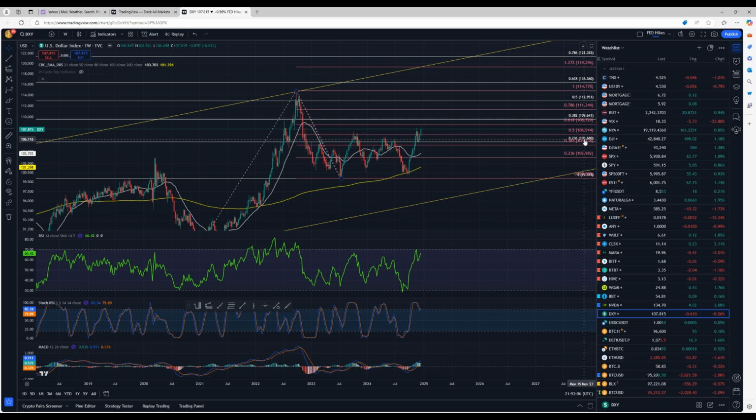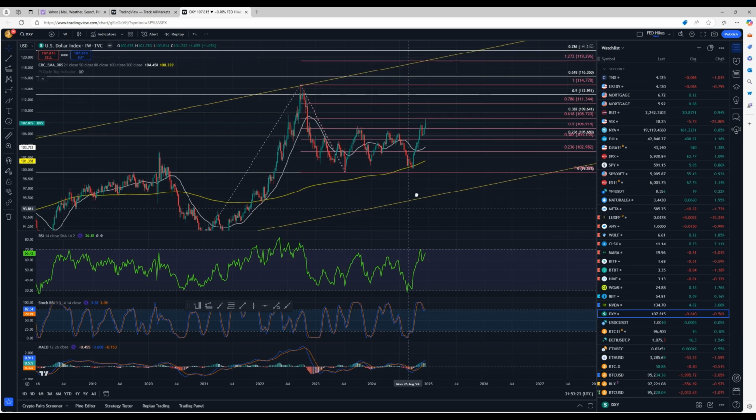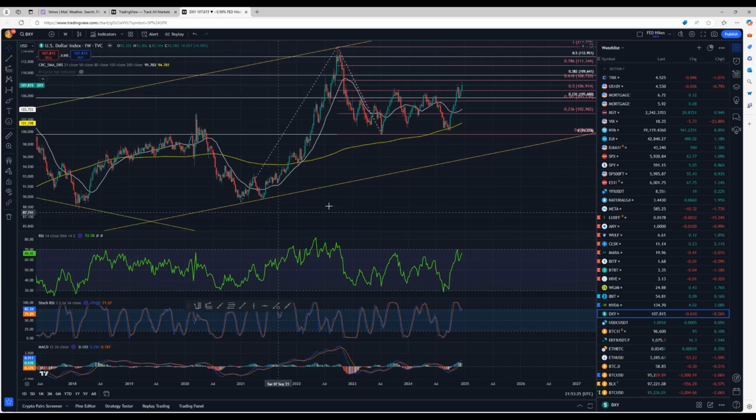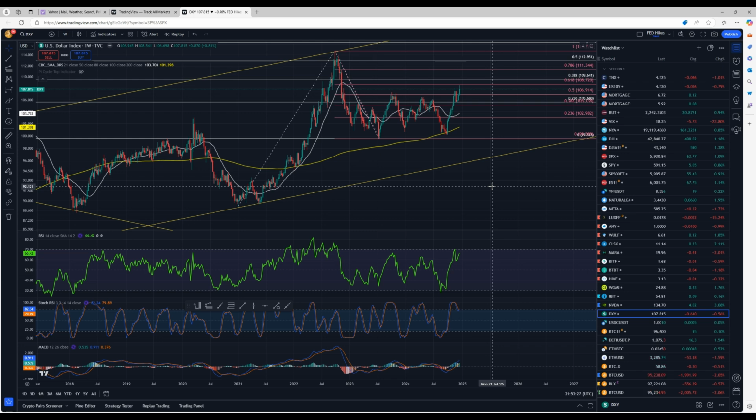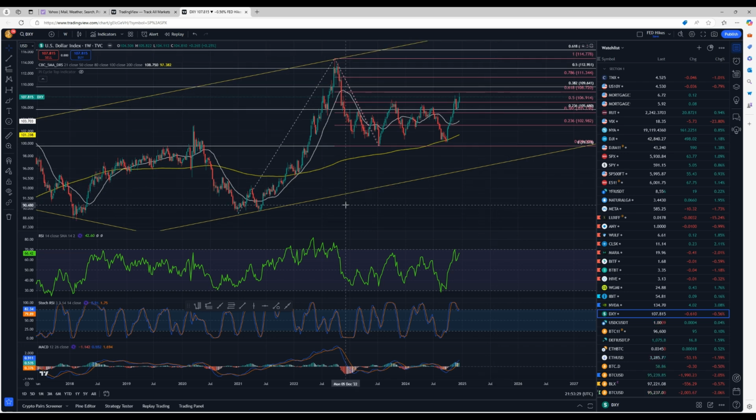Currently, we have back tested the 0.236. Next target is 109, 112, 116. We're going to have to wait for the bearish divergence to start playing out on the dollar. Right here, we have bullish divergence.